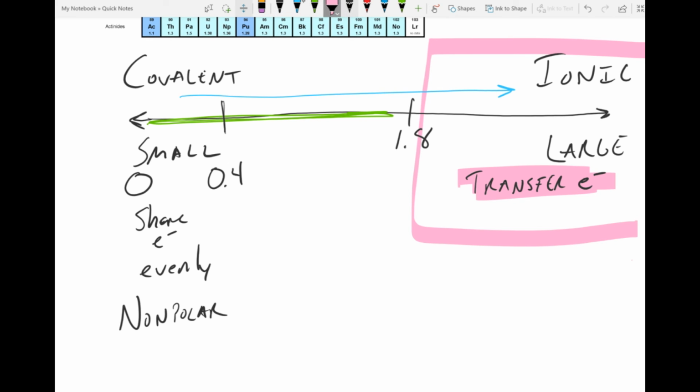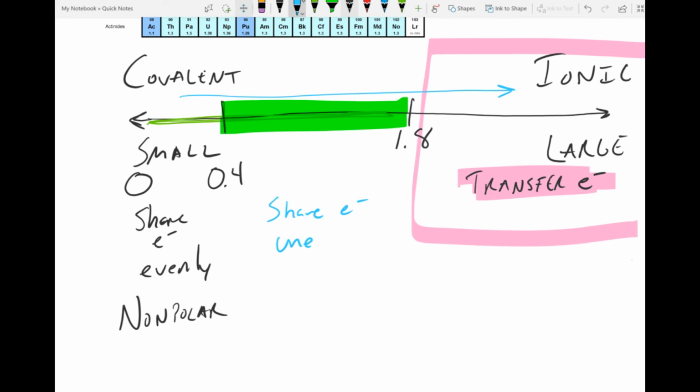However, in this area right here, that is where you start to have the situation where you do not share electrons evenly. You actually share electrons unevenly. You're still sharing, so you're still covalent, but you're sharing them unevenly. And in this case, this is called a polar covalent bond.